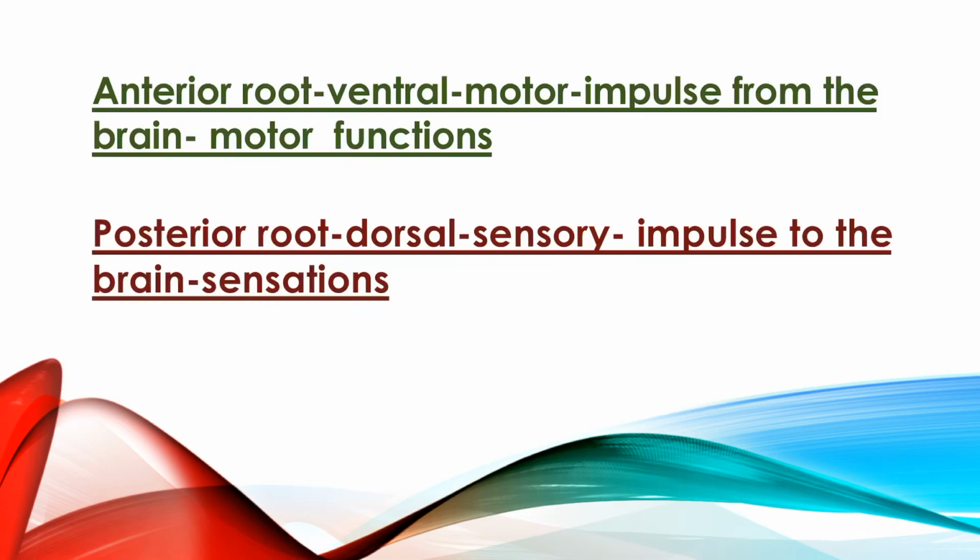So I just wrote it simply: the anterior root means the ventral root. It consists of motor neurons, and what's the function of motor neurons? To carry impulses from the brain, and it controls the motor functions. And the posterior root, otherwise the dorsal root, consists of sensory neurons. What's the function of sensory neurons? Carrying impulses to the brain, which means carrying sensations or the feeling of sensations.